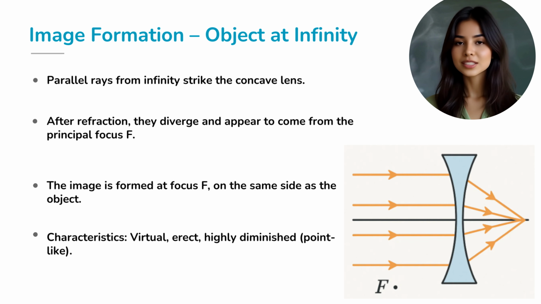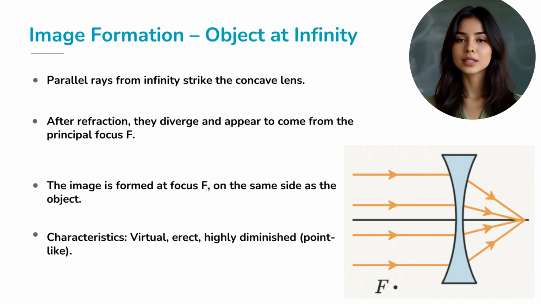What's interesting is that after passing through the lens, they don't just converge on the other side like they would with a convex lens. Instead, they spread out, but here's the catch. They seem to come from the principal focus F on the same side as the object. Imagine the lens as a magician pulling a trick, making the rays appear to originate from the focus even though they've been spread out. Cool, right?